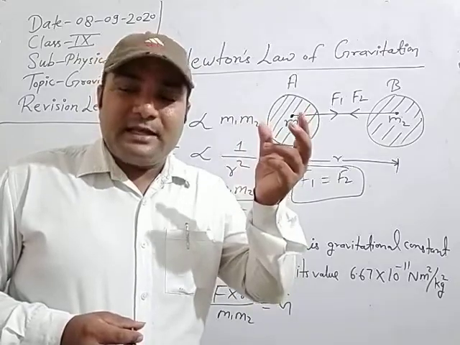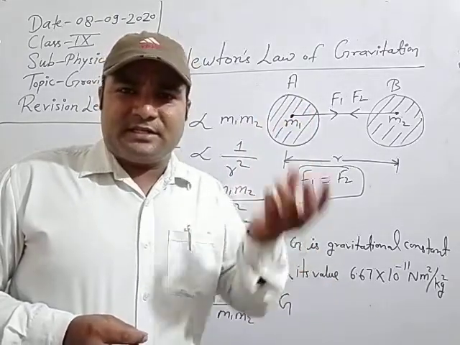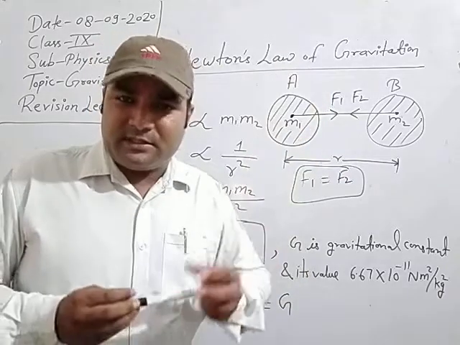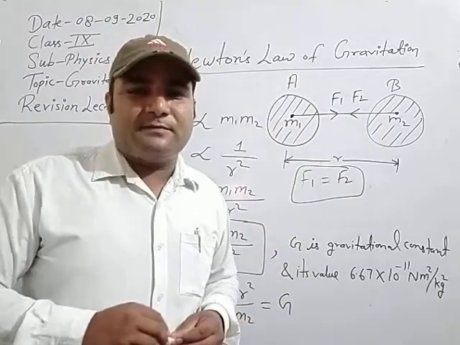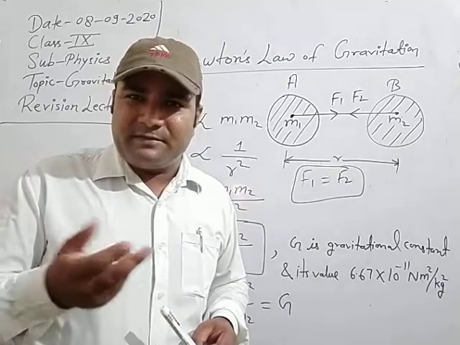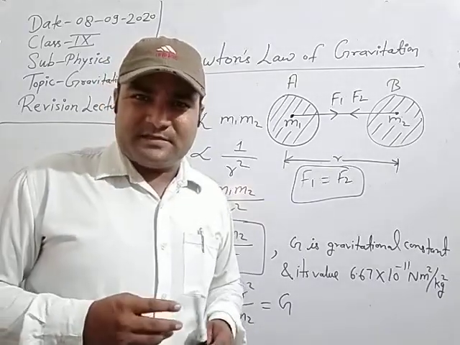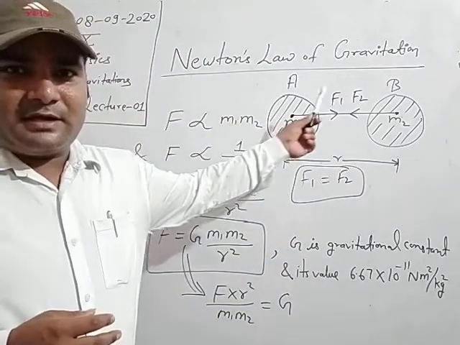Whenever mass is attracted towards the earth's center, there is the concept of weight, and whenever it falls towards the earth, there is the concept of force of attraction or force of gravity of the earth. So there are so many examples related to Newton's law of gravitation.